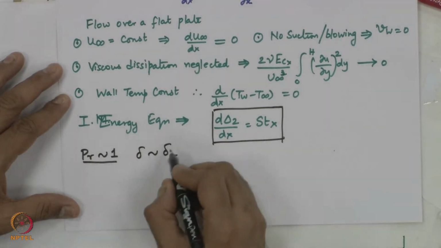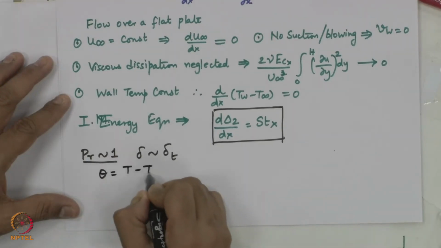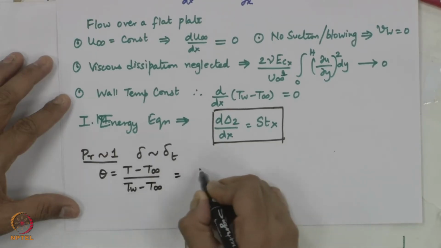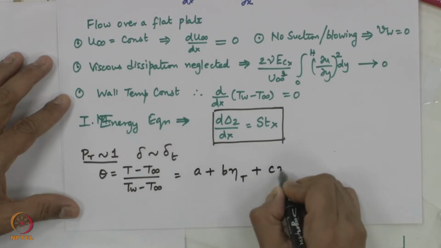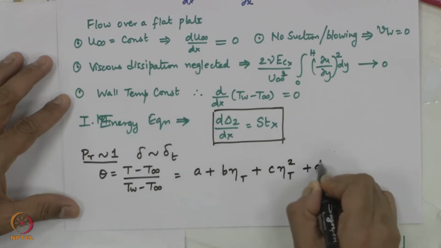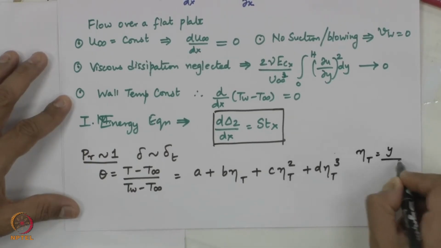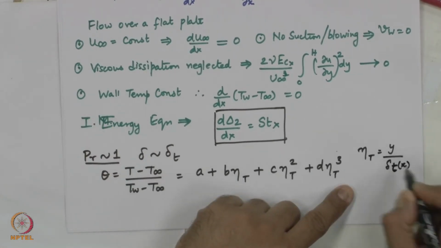And a third order polynomial profile where theta is equal to T minus T infinity divided by T wall minus T infinity, equal to A plus B eta t plus C eta t squared plus D eta t cubed, where eta t is nothing but y over delta t, which is a function of x.